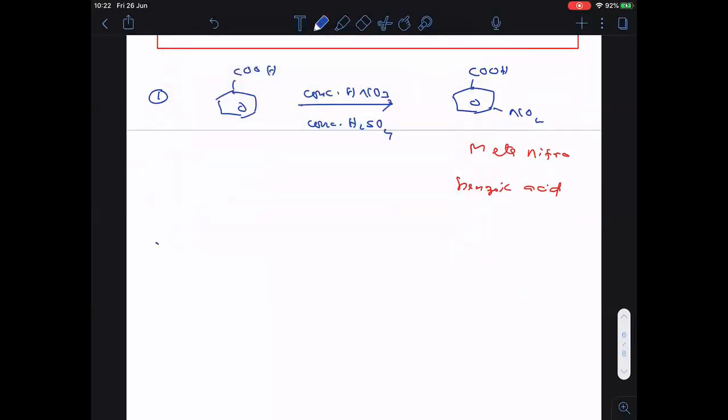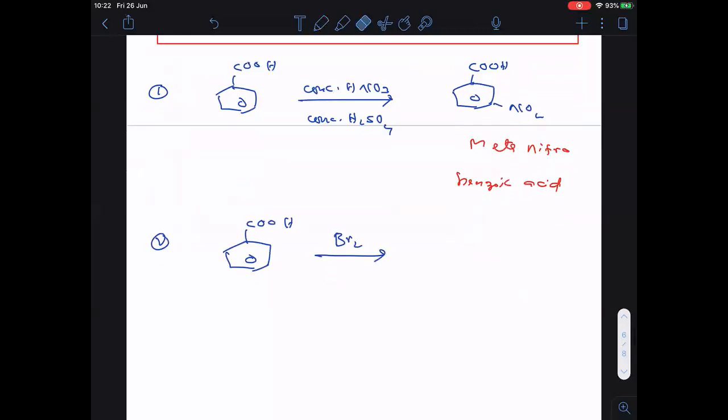Clear? Now, if we do halogenation, like chlorination or bromination, anything. For example, let us do bromination in the presence of Lewis acids like FeBr3. Then here we will get bromine at the meta position.